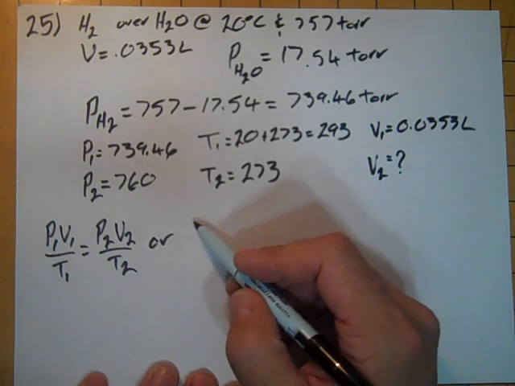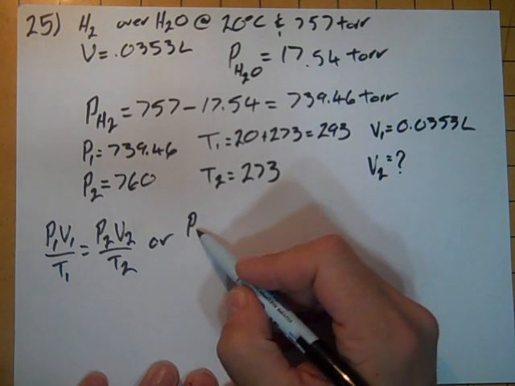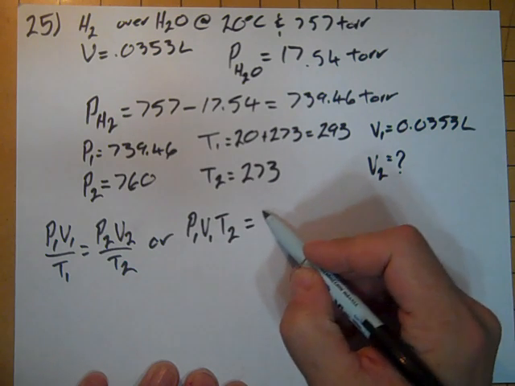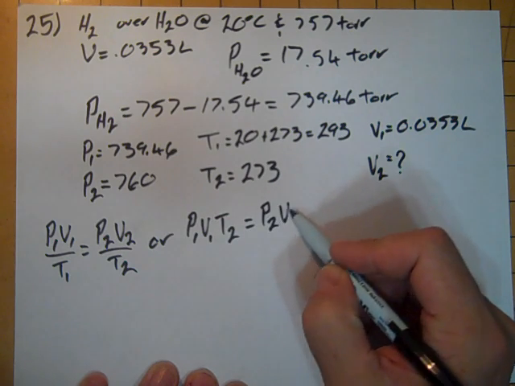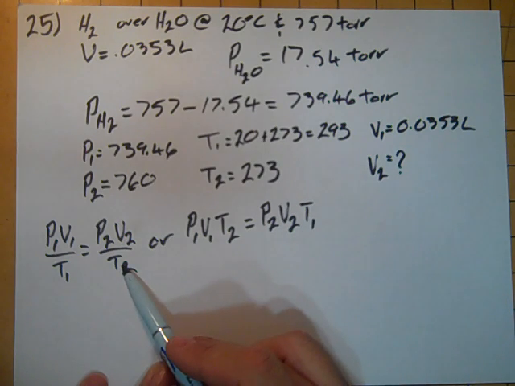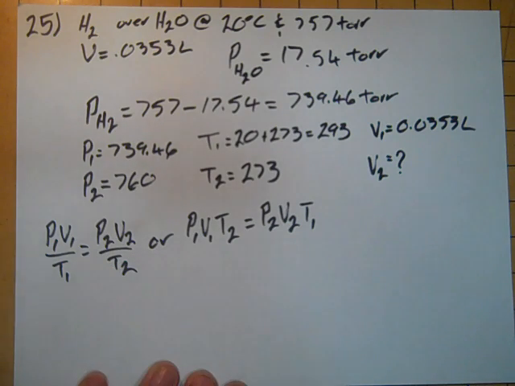But it is easier to manipulate if you look at it this way: P1 V1 T2 equals P2 V2 T1. All I did was multiply the denominators across to the other side.